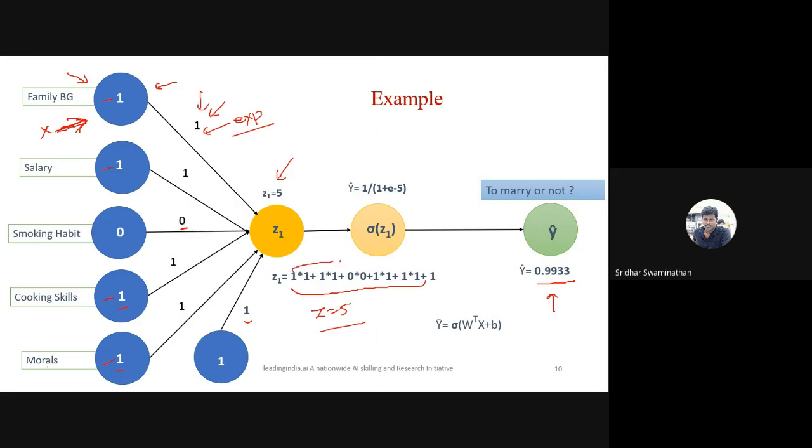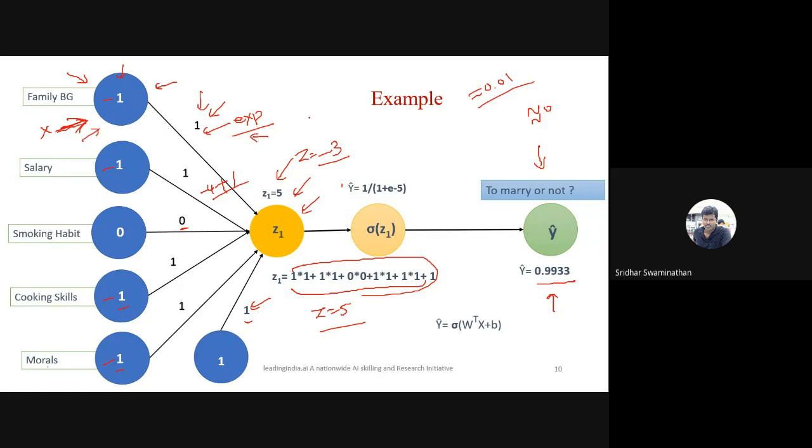Then if you do W transpose x plus b, the output will be -3, because you have -4 plus this bias 1. It will be -3. If your z becomes -3, then your output will become close to 0. That will be something like 0.01. So that means she is not a match. What you are expecting is not fulfilled.